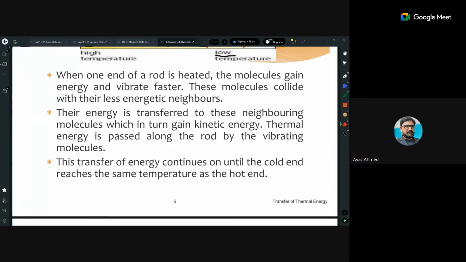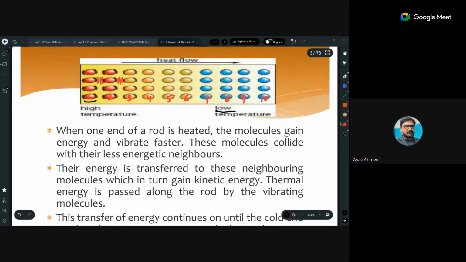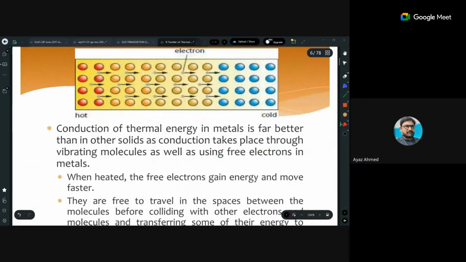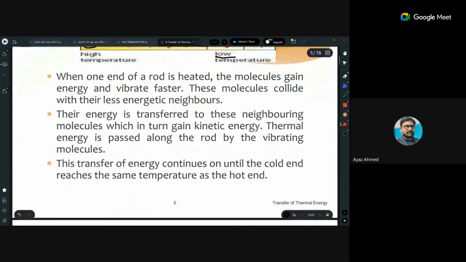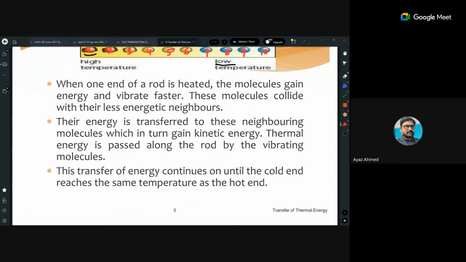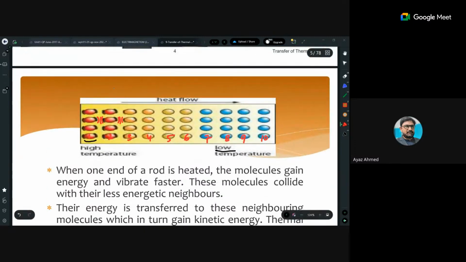Particle number 10 will get the same temperature as that of particle number 1. Then the heat flow would stop. And as I told you, this is a slow process. I can write that this is a slow process.